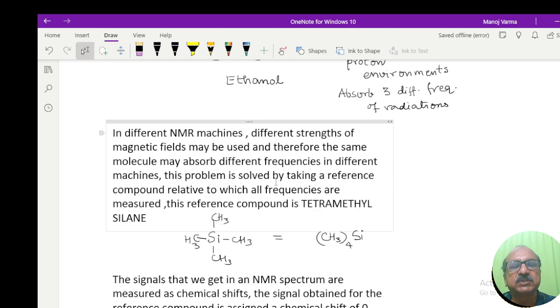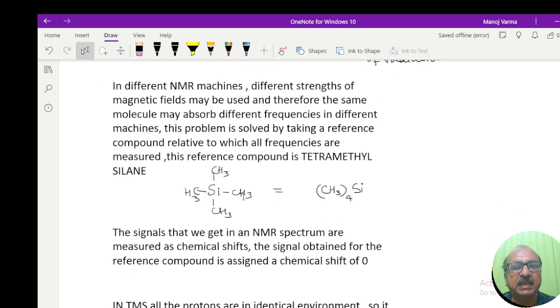So this problem is solved by taking a reference compound relative to which all frequencies are measured, and this reference compound is tetramethylsilane. And you can see the structure: silicon joined with 4 methyl groups, and that is the tetramethylsilane, and that is being used as the reference compound against which all the other signals are measured.